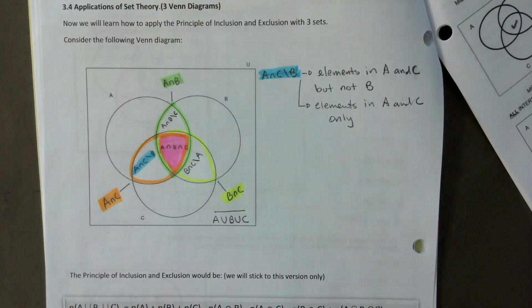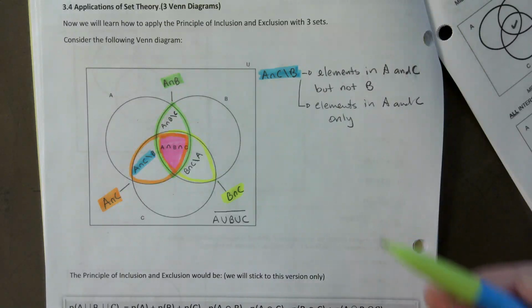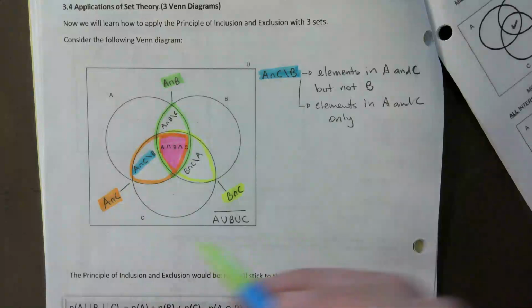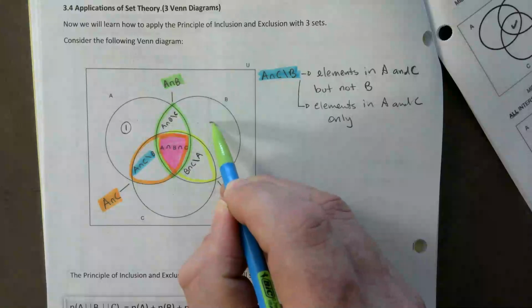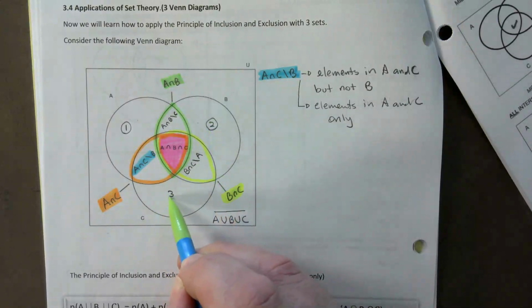Is there something else? I'll use numbers for this because the notation gets very ugly. I'll just call this 1, 2, 3.